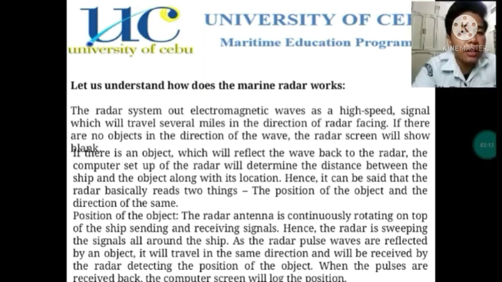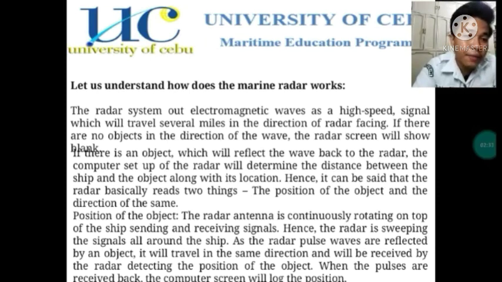Hence, it can be said that the radar basically reads two things: the position of the object and the direction of the same. The radar antenna is continuously rotating on top of the ship, sending and receiving signals.